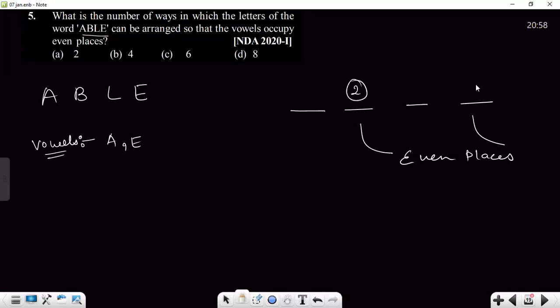Two, two vowels are there. Having used one vowel, how many options do we have here? One option. Now, please observe that I am first placing those letters on which a special condition is applied. Thereafter, I'll consider other places because they are not so special.